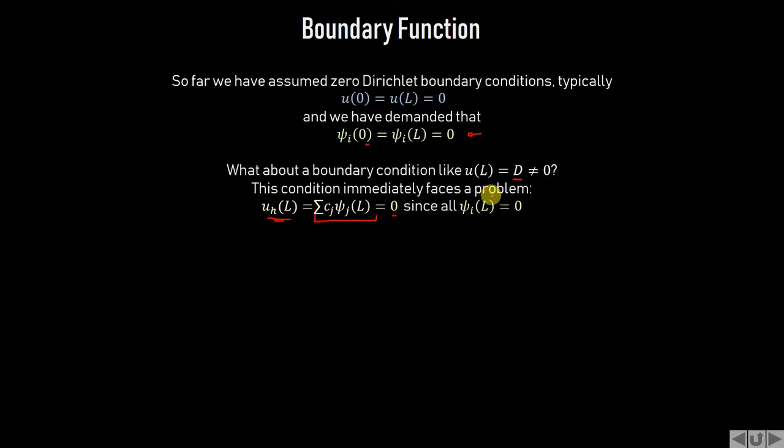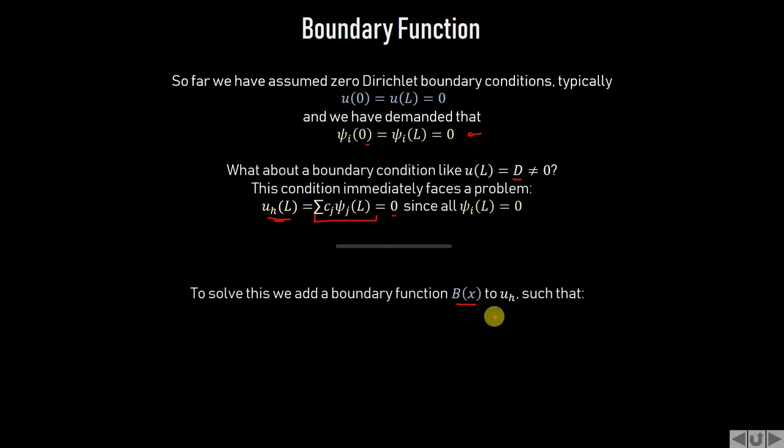We add an additional function, B(x), to u. This function is called a boundary function. What property does this function satisfy? It satisfies B(L) equals D, that is, at x equals to L, the value of this function is D. Okay, that's all that is required from this function. You can construct this boundary function any fancy way you want.